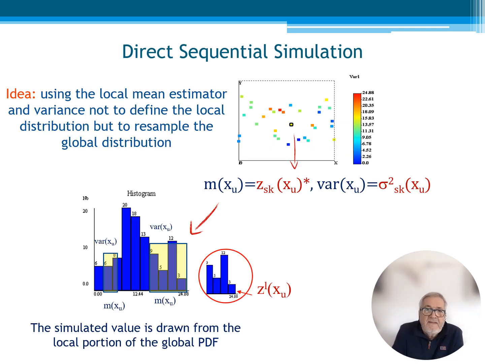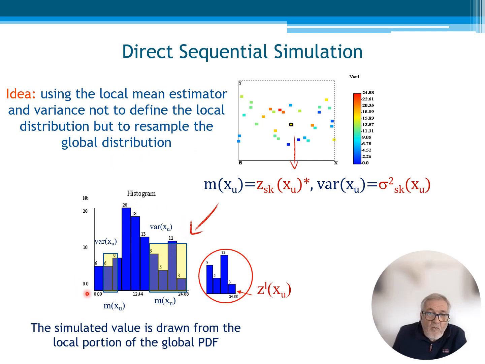Now, the idea of direct sequential simulation is a simple one: it uses the local mean estimator and variance with the original variable, not to define the local distributions as you have done in the previous methodologies, but to resample the global distribution.